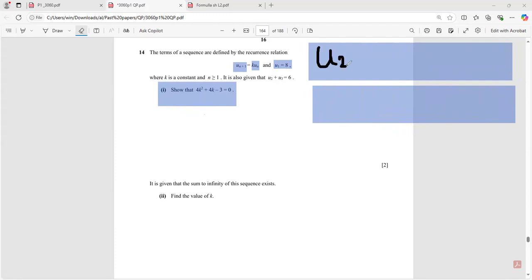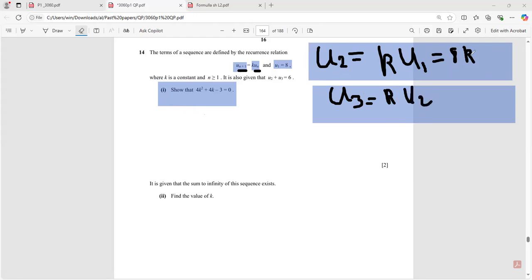I'm going to apply the rule, u(n+1) will be equal to k multiplied by u(n), and u1 equal to 8, so u2 is equal to 8k. And u3 will be equal to k multiplied by u2, and u2 equals 8k, so it will be k multiplied by 8k, which equals 8k squared. 8 times 1 is 8, and k times k is k squared.